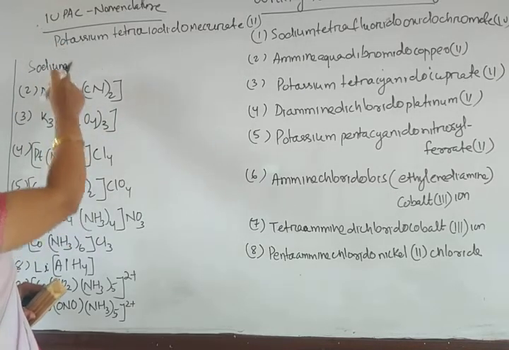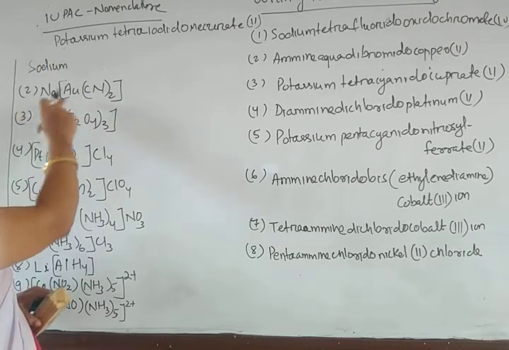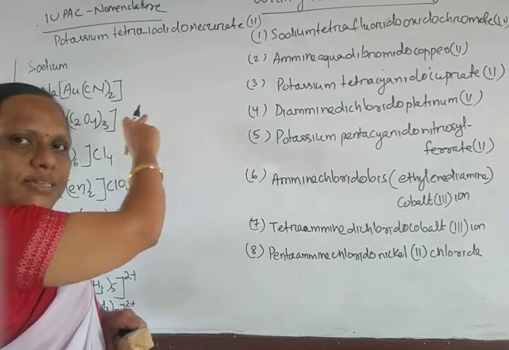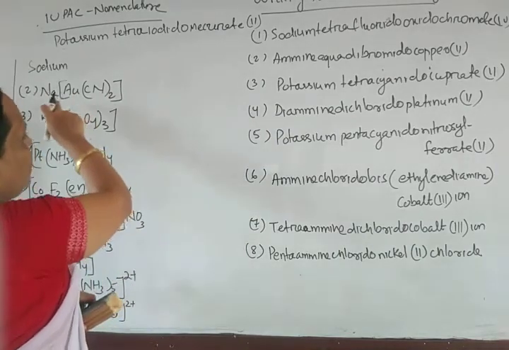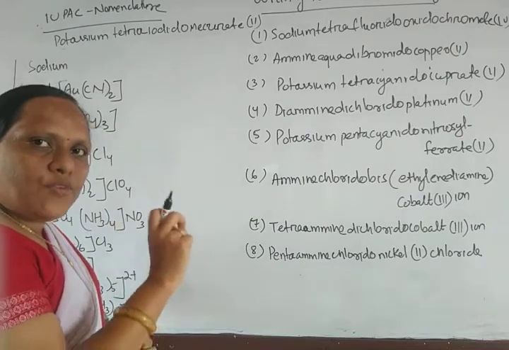Give a little space between the cation and anion. But whenever you write the name of the complex, don't give any space. It should be written as one word.